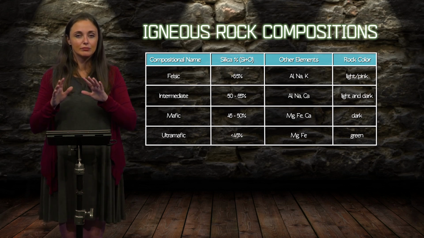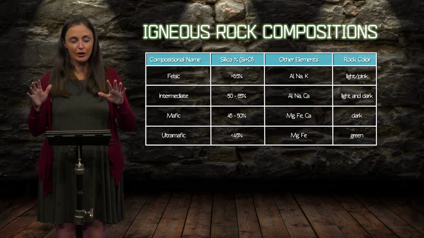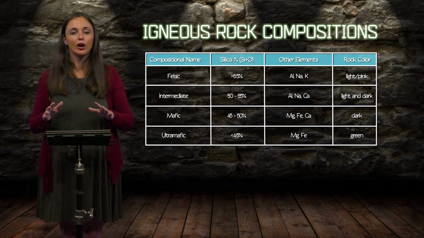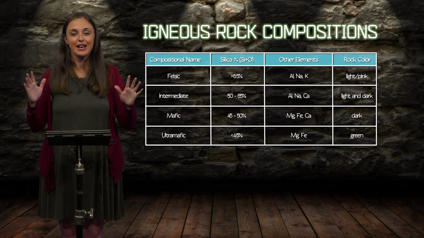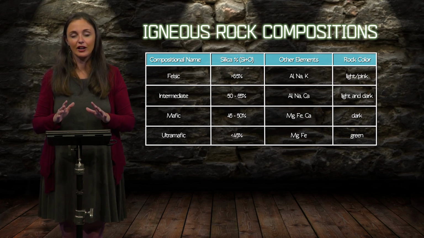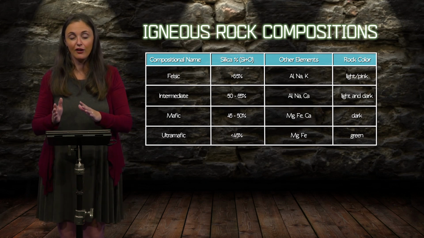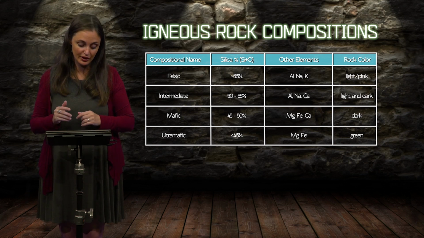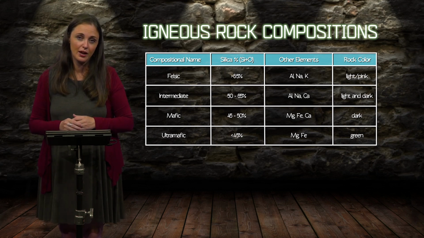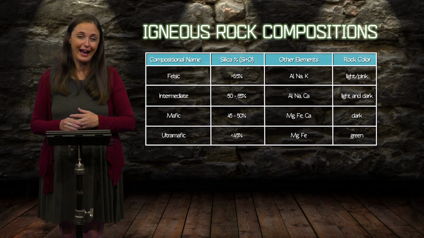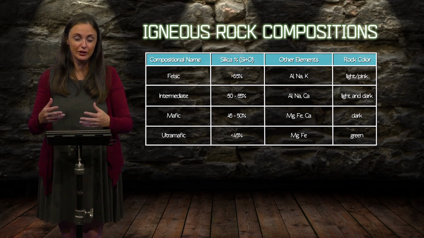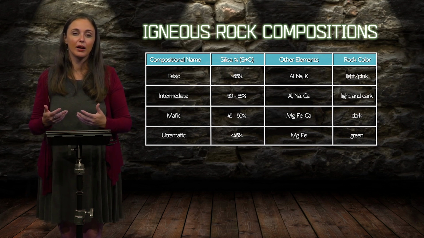Now, it's really important to step back, because we've covered a lot of material here. We essentially have 2 completely separate ways of classifying igneous rocks. We have intrusive and extrusive varieties of all of these different compositions, with the exception of ultramafic rocks. Ultramafic rocks don't really have extrusive equivalents, because these are rocks that make up the mantle.